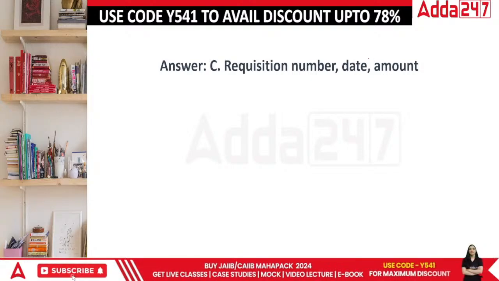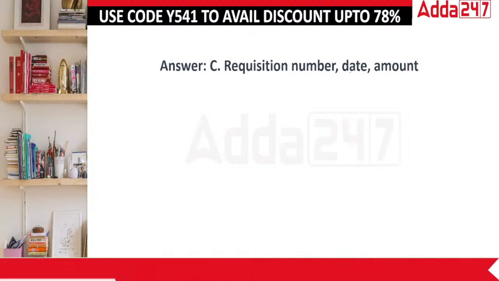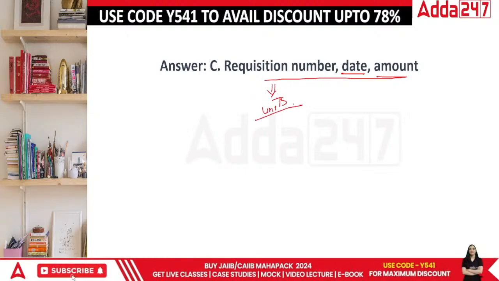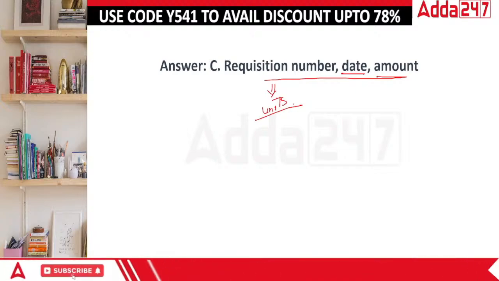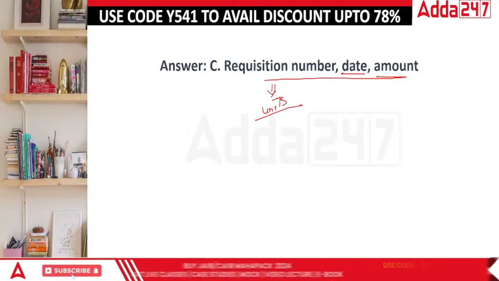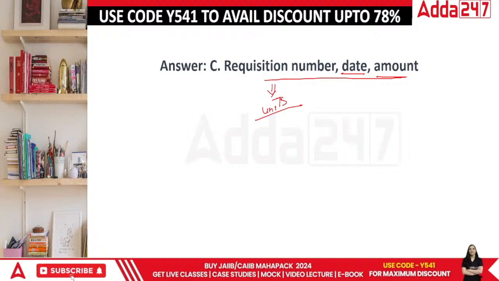Requisition number means if you have given the request, the date, the time, and even the amount, and even the units even. The number of units are also specified, provided it is given to a specific department, right? So we'll be noting down that part as well. Done? Next question.